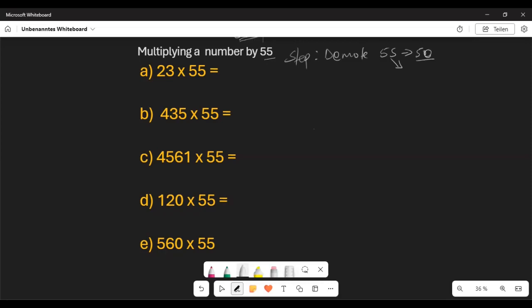Then the second step: we look at the product. If we have X, we multiply that number by 50 instead of 55.